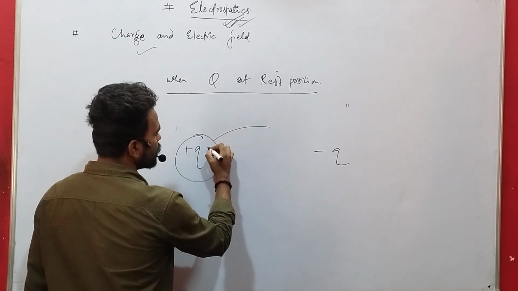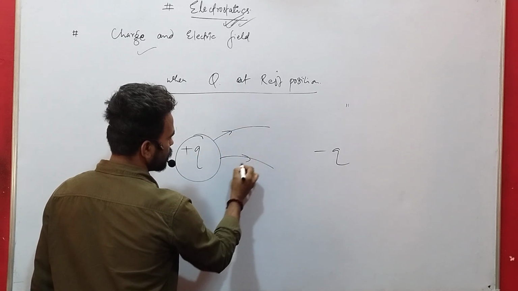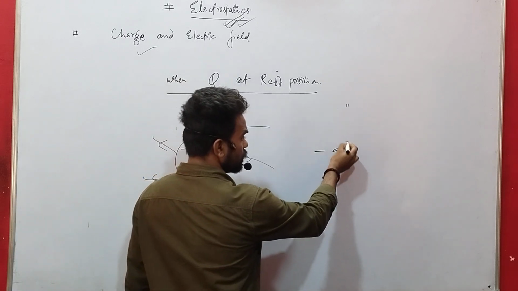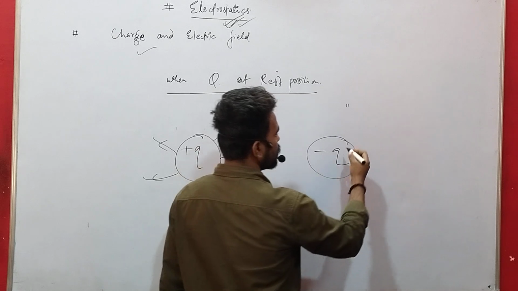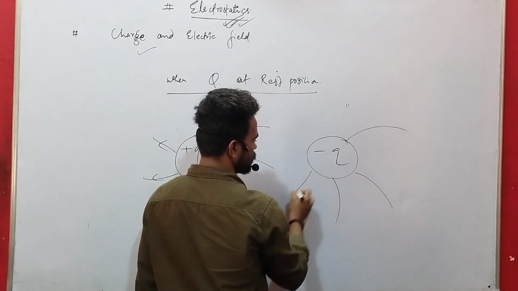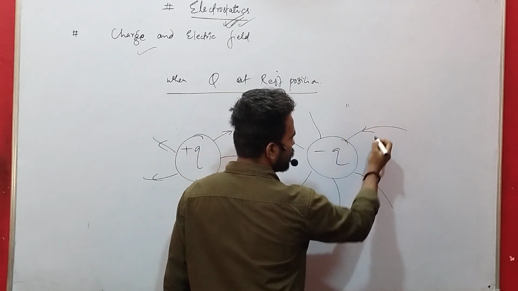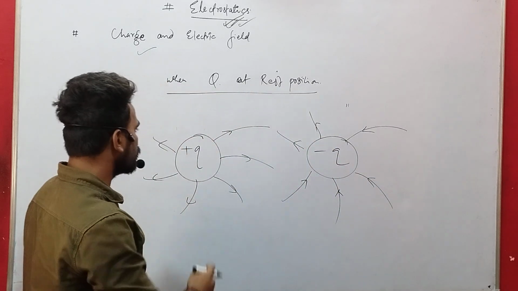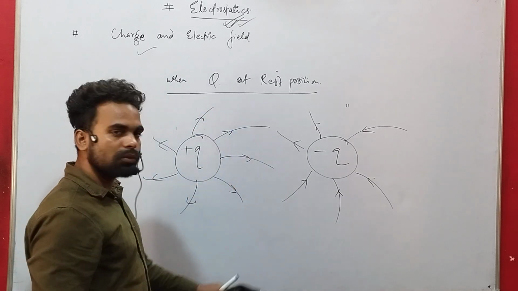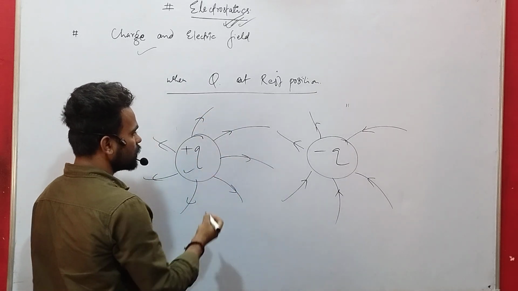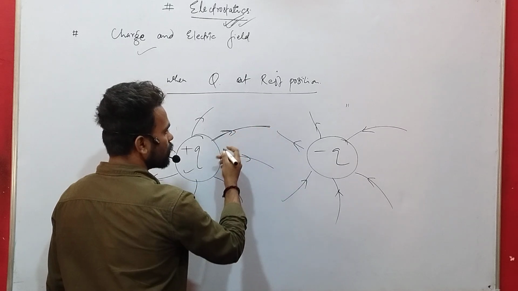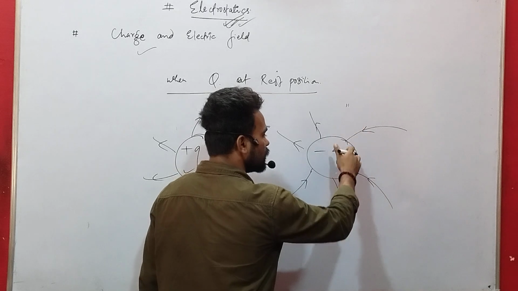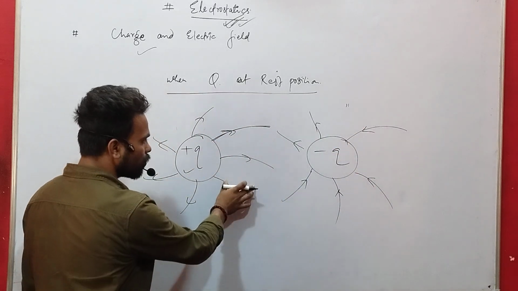The direction of the electric field from the charge is outward. And the direction of the electric field at the minus Q charge is inward. In other words, the plus Q charge initiates the electric field in the outward direction and the electric field terminates in the inward direction at negative charges. This is a property of charges.